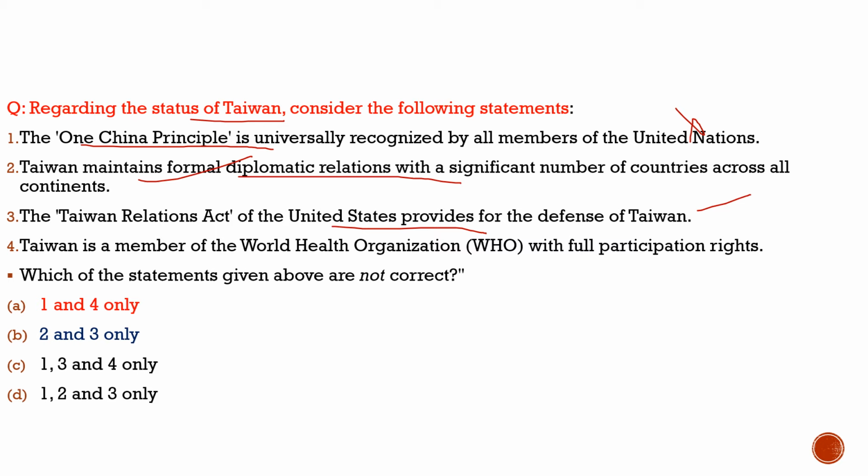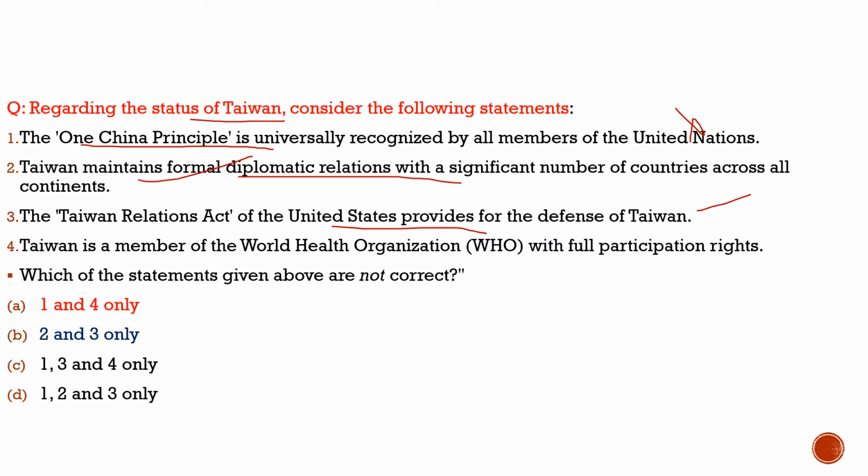Taiwan should be paying more for America's security. Right now, the USA is very much responsible for the security of Taiwan. They are providing military arms to them, and according to Donald Trump, Taiwan should buy more from them. That is why it is in the news. So the third statement is also correct.